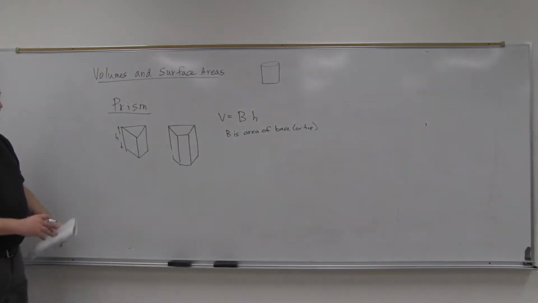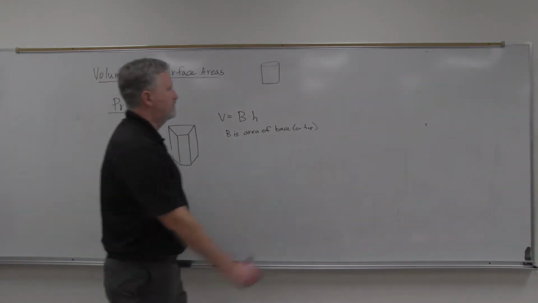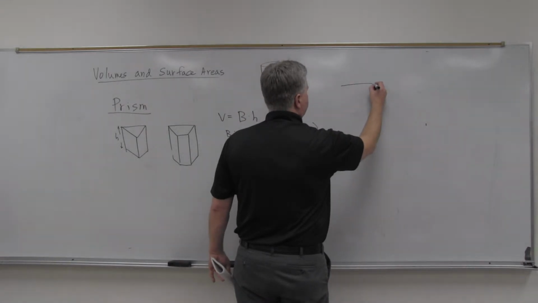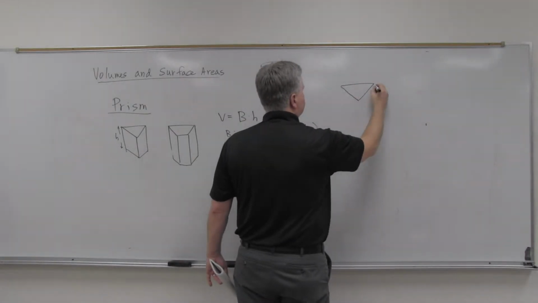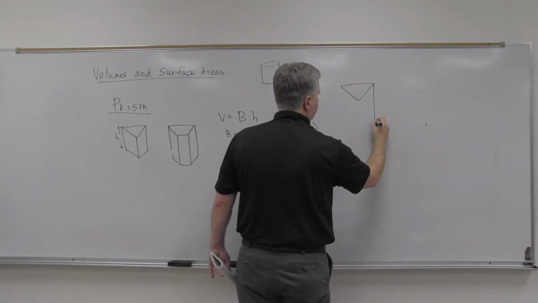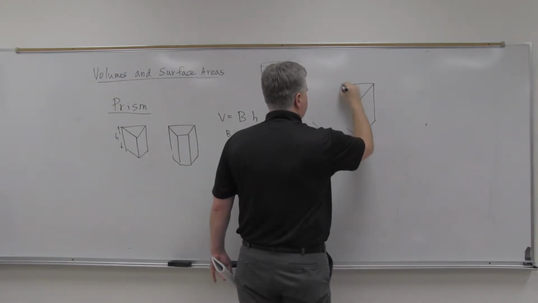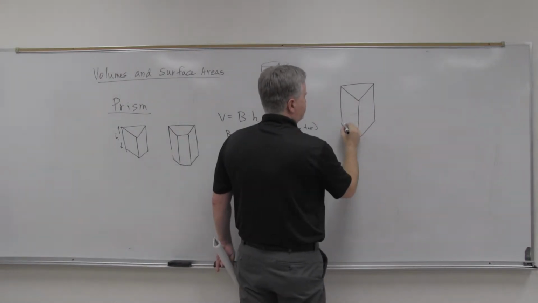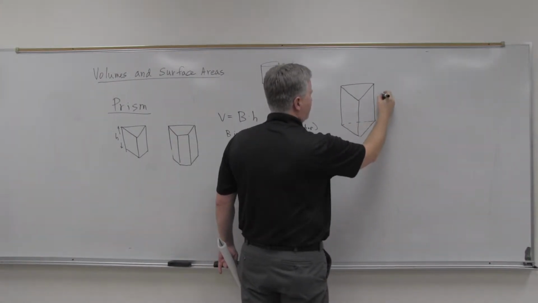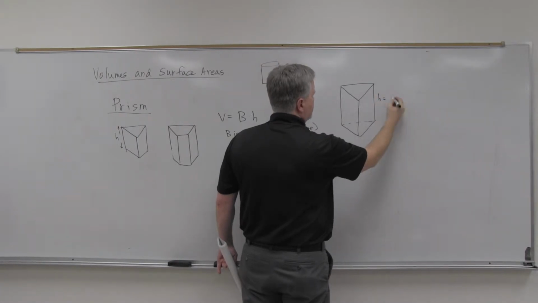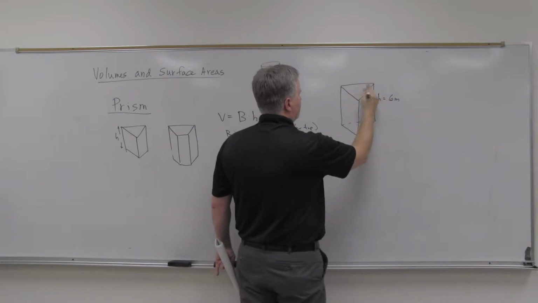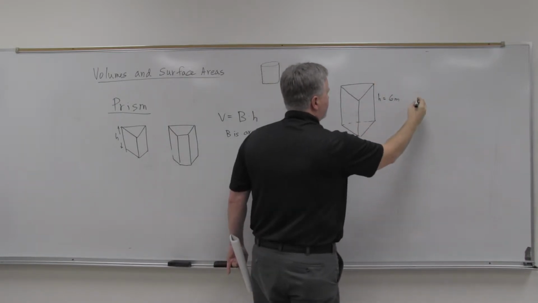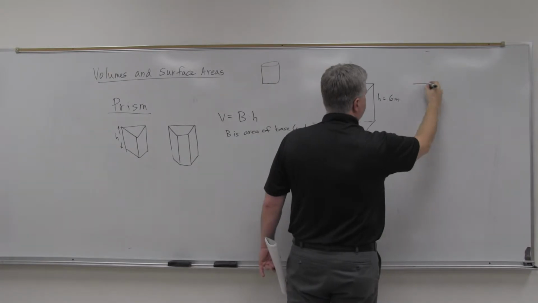All right, so let's just do one of each of those just to get the idea. Let's put some numbers on this one. Let's say this prism has a height of 6 centimeters, and it's kind of hard to draw, so let me just draw the top here separate.